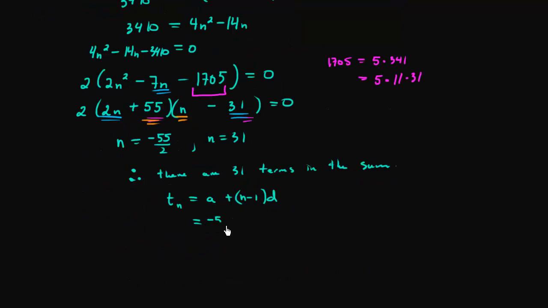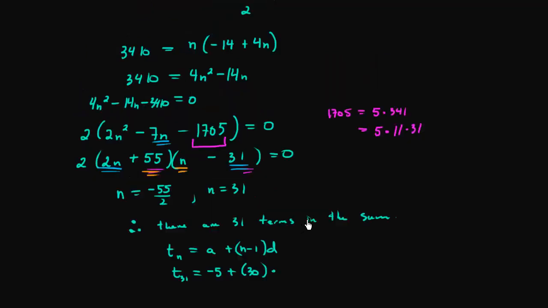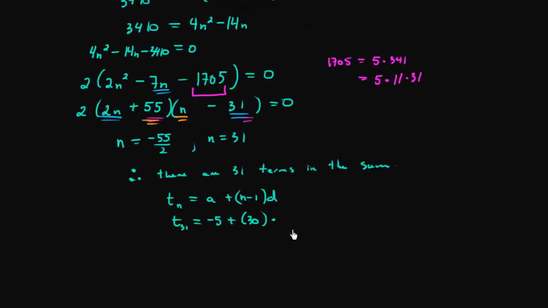So with n equal to 31, we have t sub 31 is equal to negative 5 plus 30 times the common difference, which was 4. So it would be negative 5 plus 30 times 4, which is 120 minus 5, and 120 minus 5 is 115.